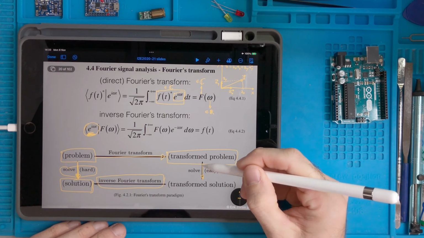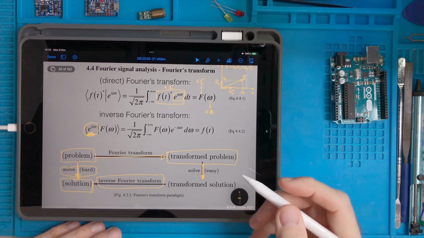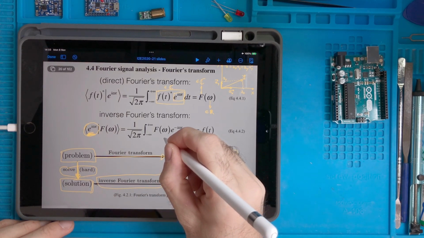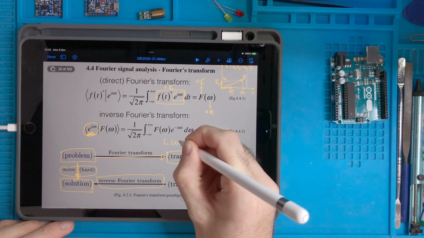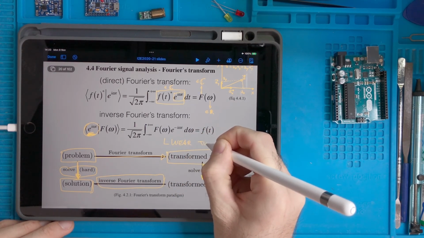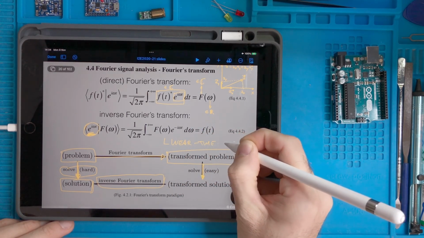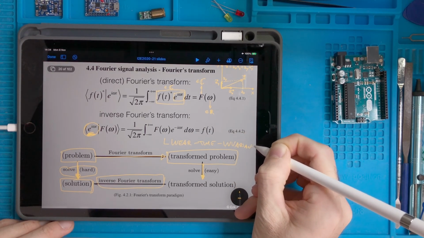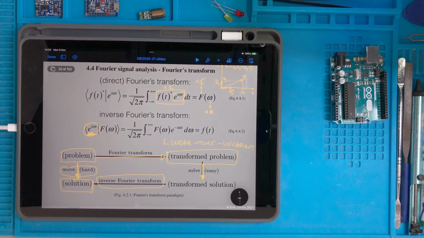So this is possible if the system is of this type: linear, time invariant. Systems for which this is possible are called LTI, linear time invariant.